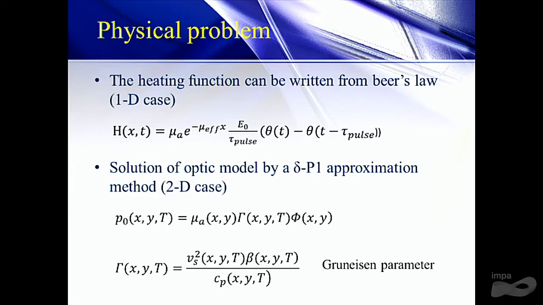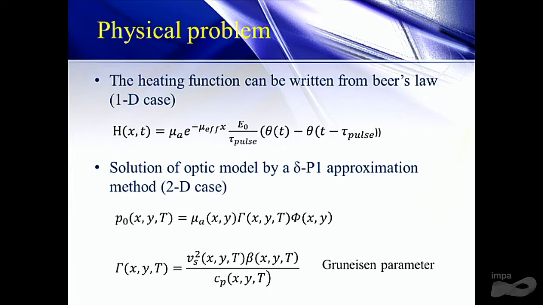And in the two-dimensional case, the fluence rate was described by the delta P1 approximation of fluence rate.